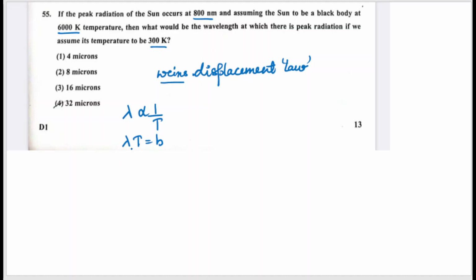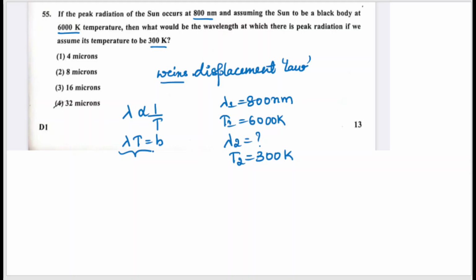Here they have given lambda 1 equal to 800 nanometer at a temperature T1 equal to 6000 Kelvin, and lambda 2 we want to find, and the temperature T2 equal to 300 Kelvin is given. From this equation, lambda 1 into T1 is equal to lambda 2 into T2. So lambda 2 is equal to lambda 1 into T1 divided by T2, right?